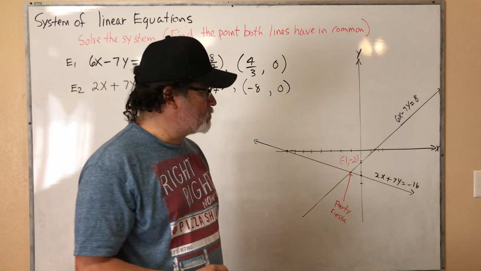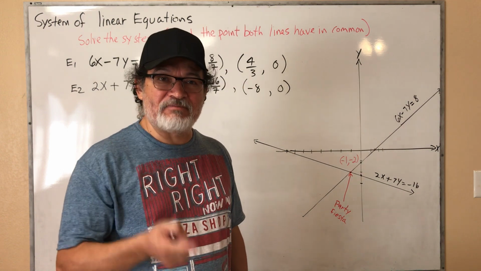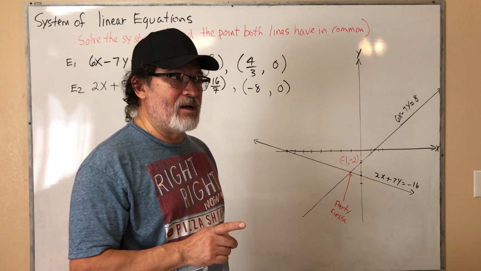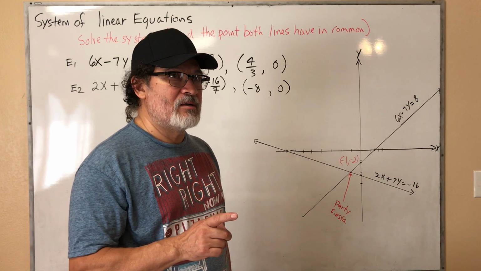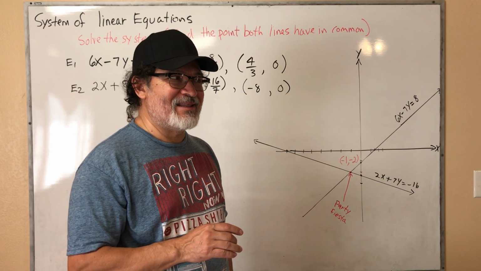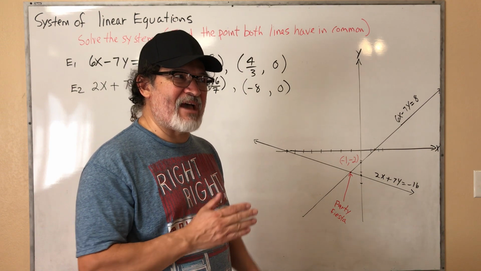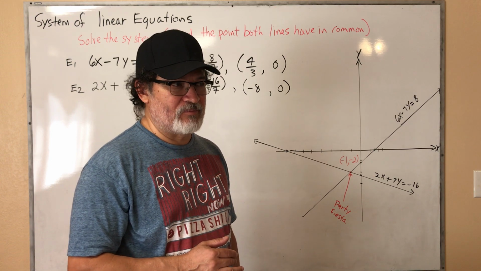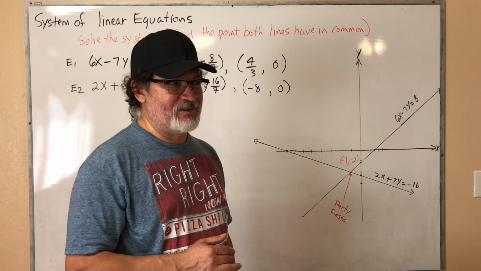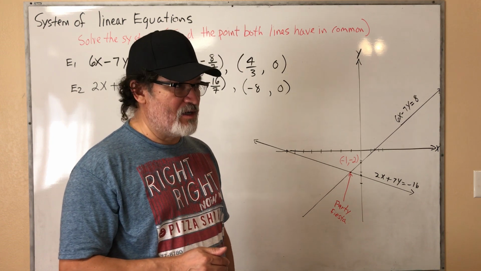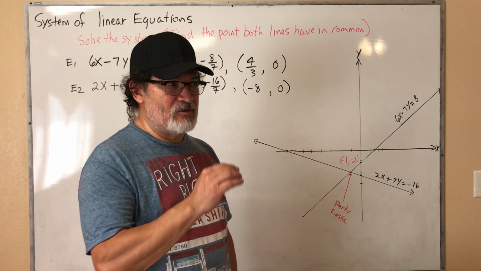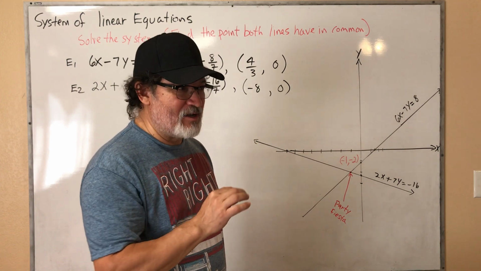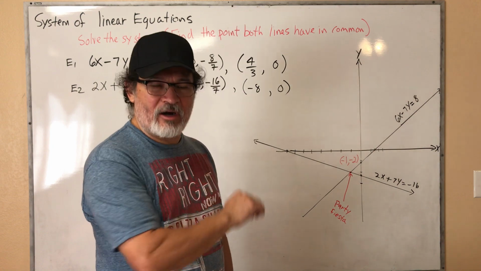That's one method. But that's not the best method. Why? Because some of the points that two lines may have in common may be fractions or may be decimals. It's going to be very hard many times to guess with exactness what those fractions are.